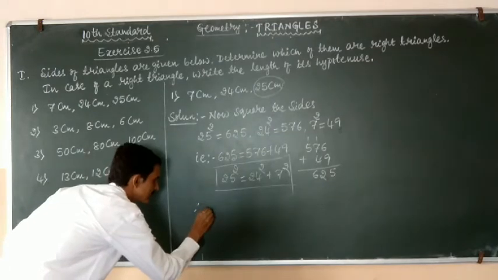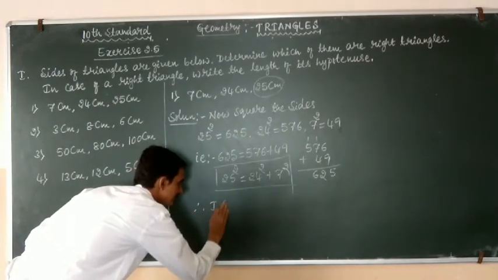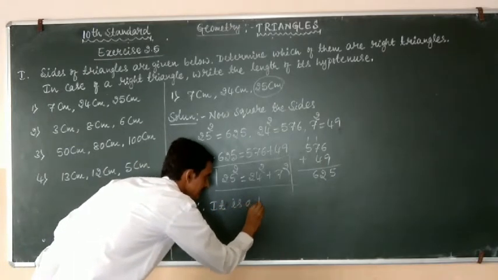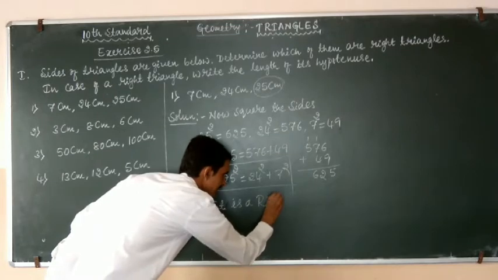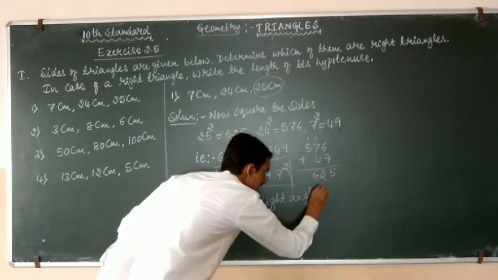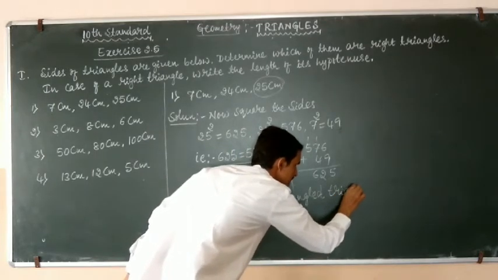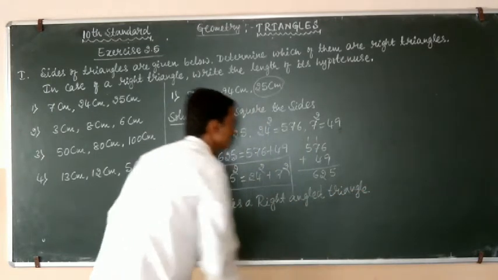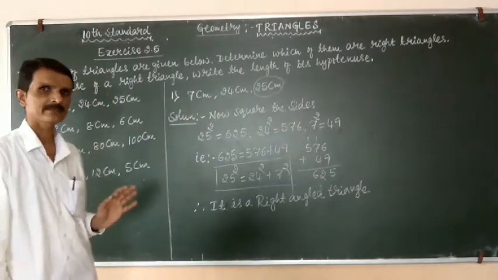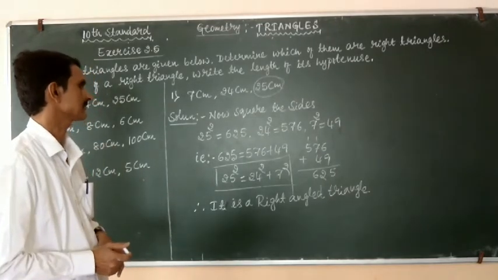So therefore it is a right angled triangle. So the given measurement forms a right angle triangle.